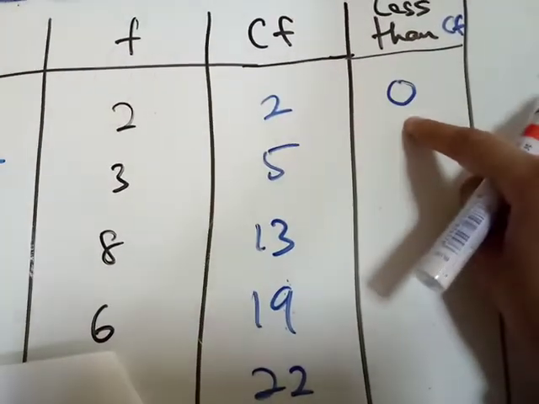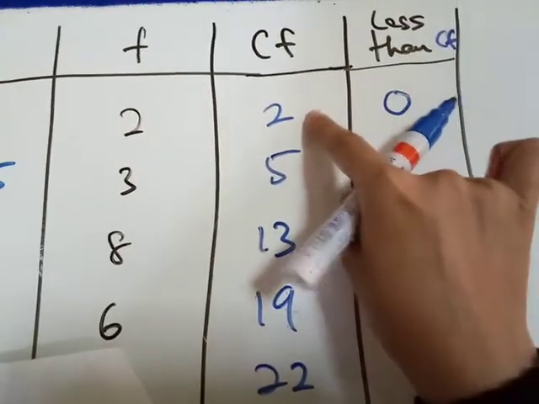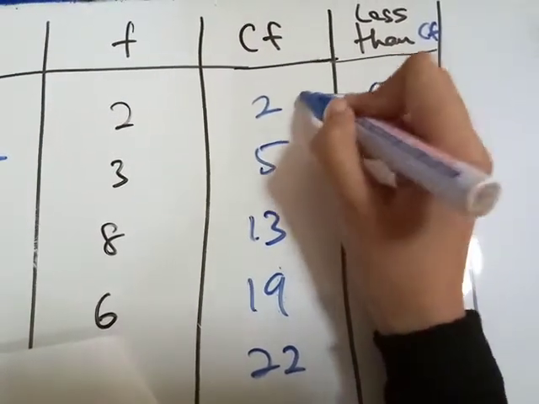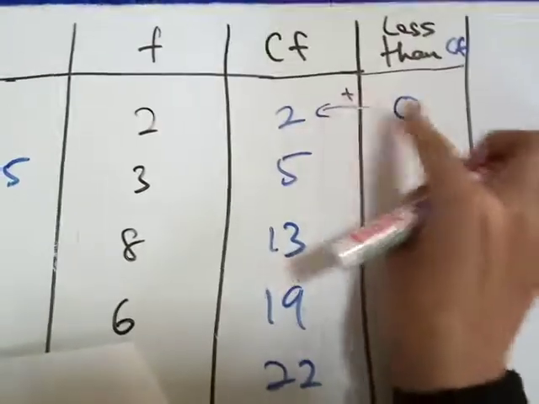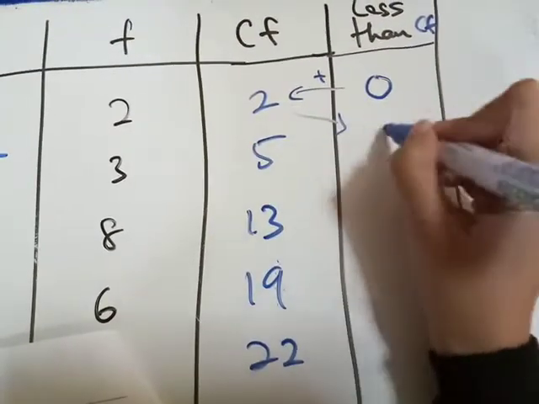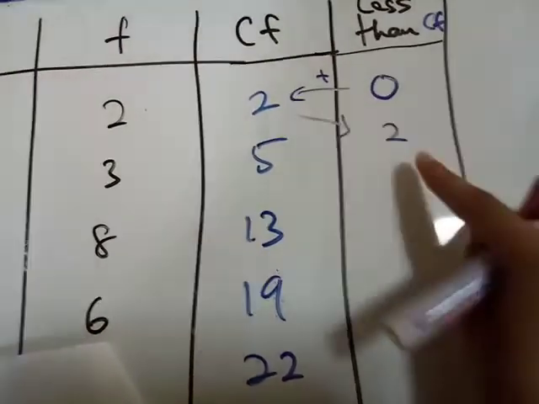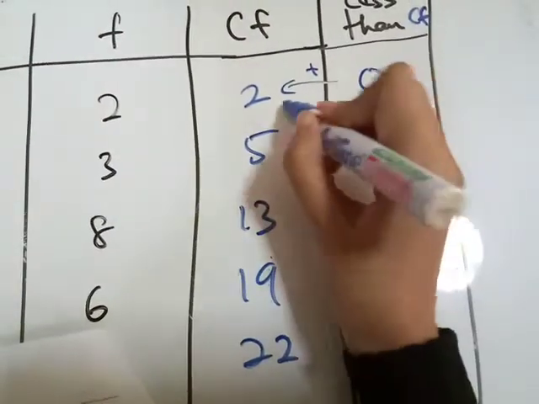Start with 0, and then 0 plus 2, you get 2.